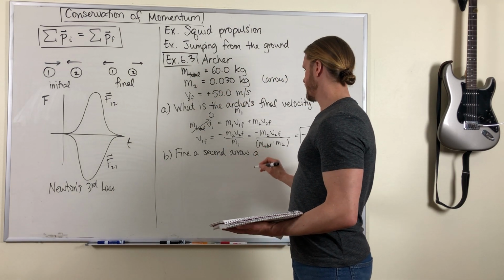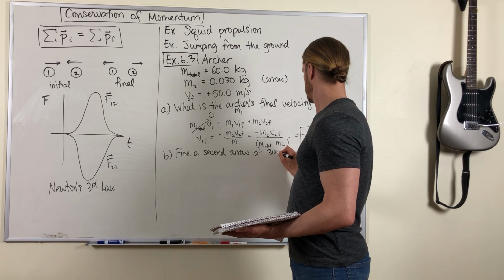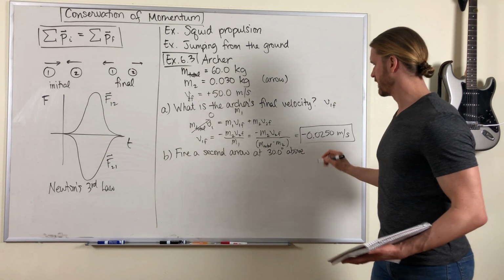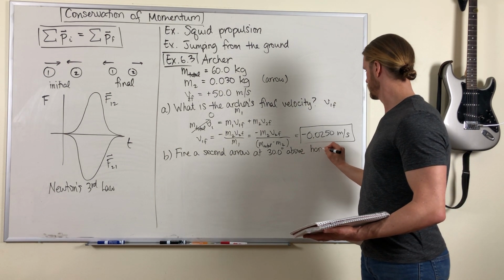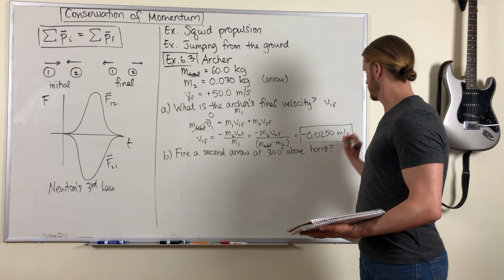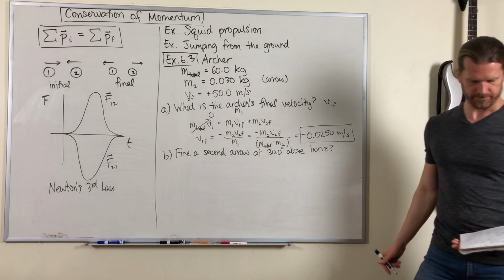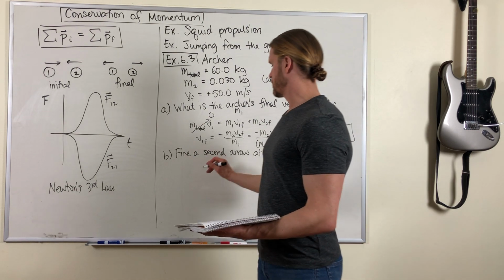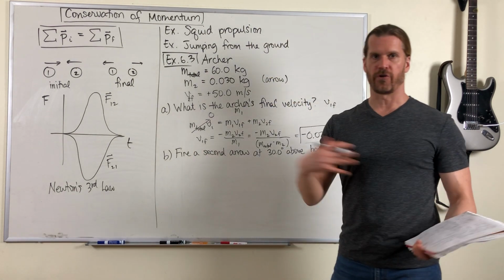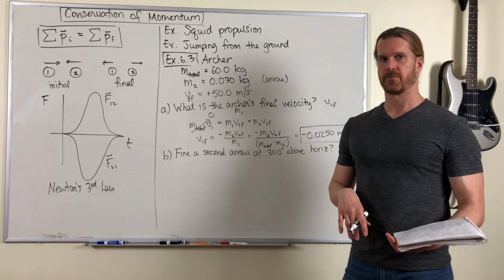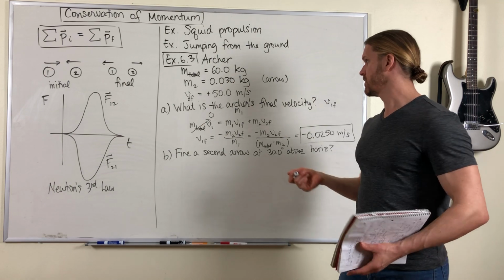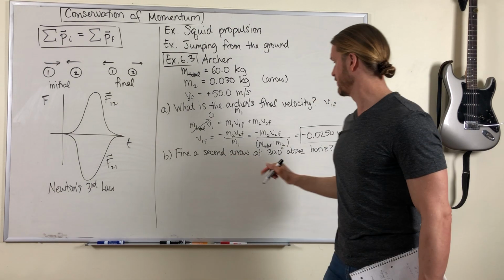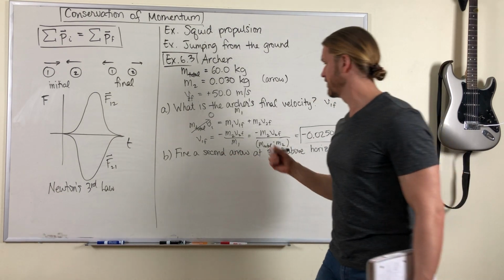And that arrow is at an angle, 30 degrees above the horizontal. So the archer's already moving backwards a little bit, and now they're going to fire another arrow. So let's write down this setup here, and we'll also have to account for this angle.